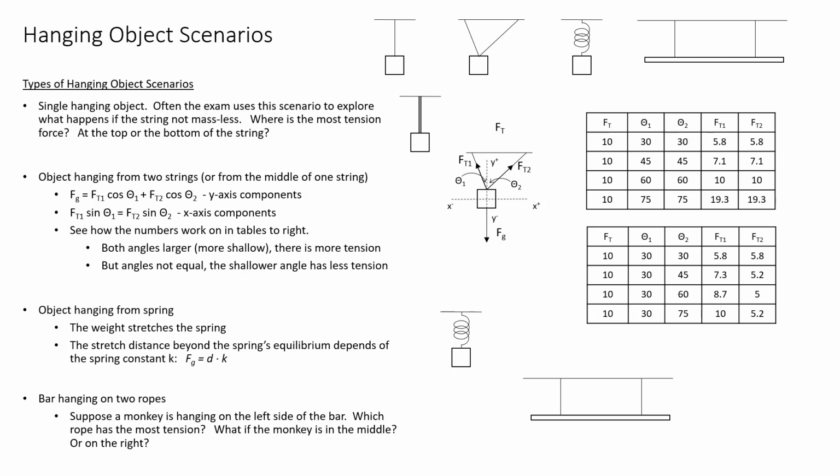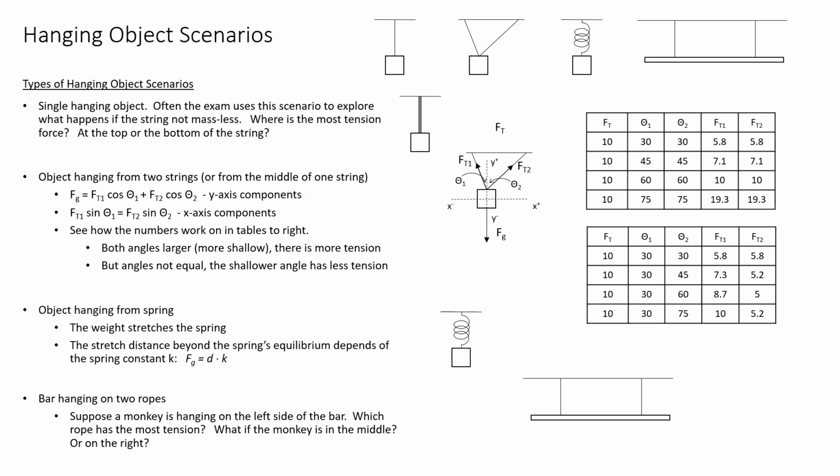And now we want to go back up to the second bullet here. It is the object hanging from two strings. And you can see in the diagram to the right that this problem will be described by showing two strings and the theta, the angle between the string and the vertical axis.